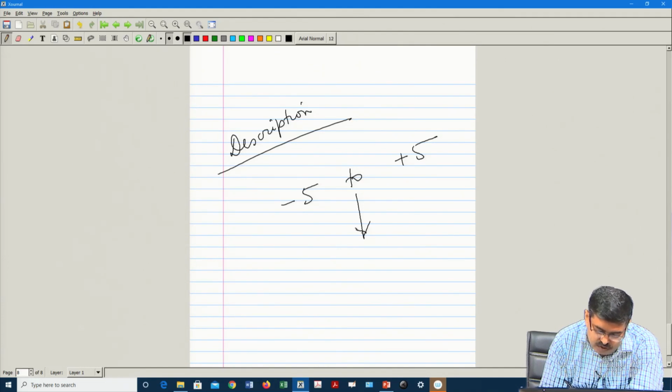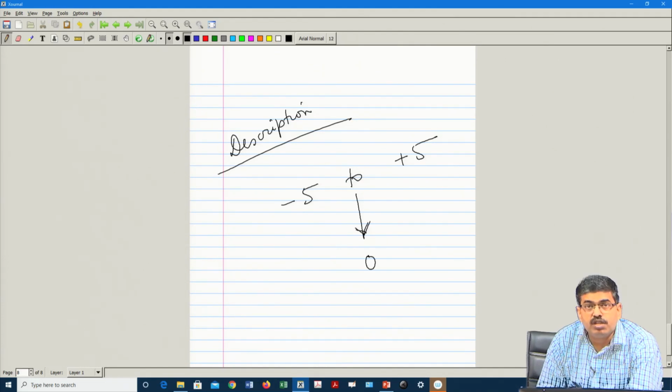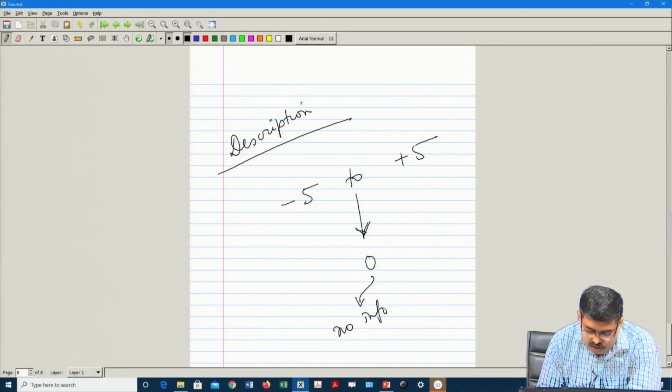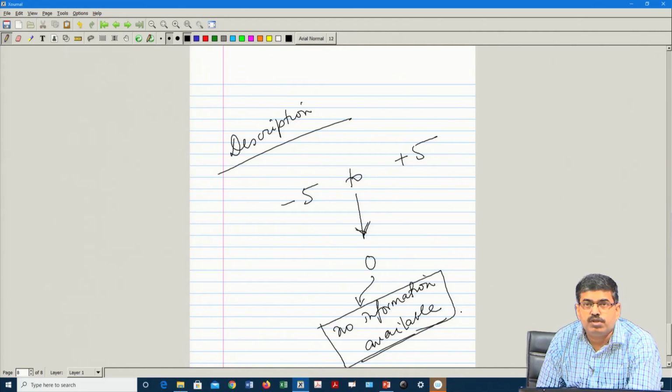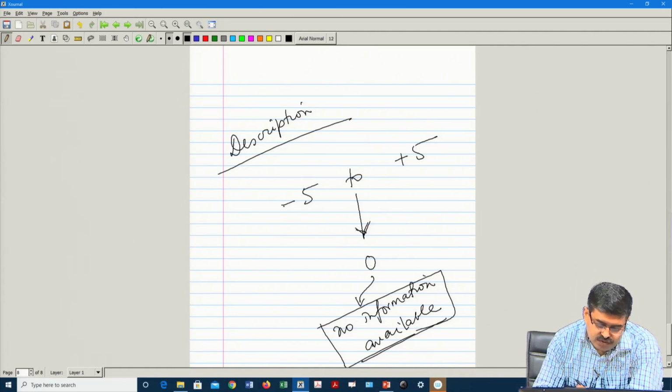In this -5 to +5, 0 is in the middle. 0 stands for no information available.